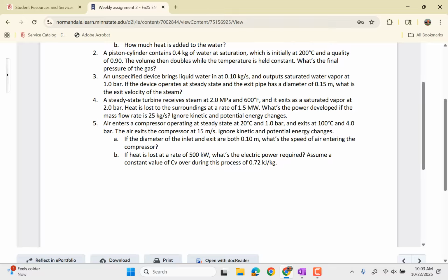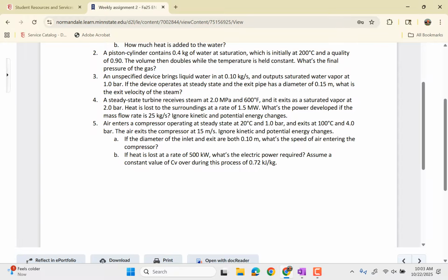I'd say whenever I say air, pretty much, I'm thinking of you using the ideal gas law. Okay, so we have speed at the exit.